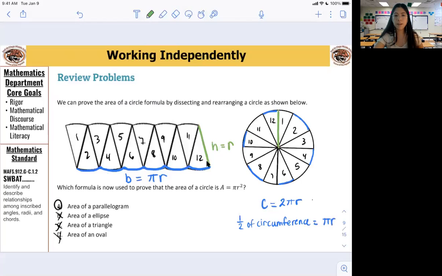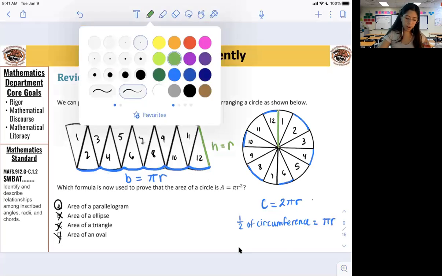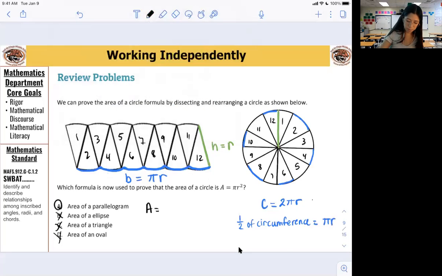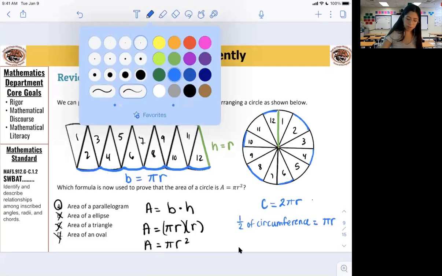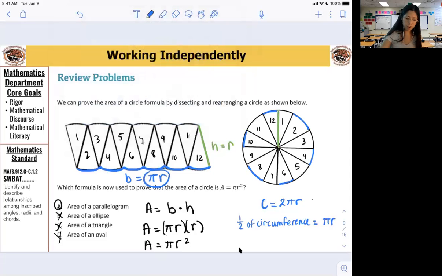Remember, this is approximately the same as the radius, and this base is approximately the same as half of the circumference. So the whole area, remember, area equals base times height. The area is going to be pi r times r, which is how we end up with area equals pi r squared. So the big thing to remember is that the base is pi r and the height is r.